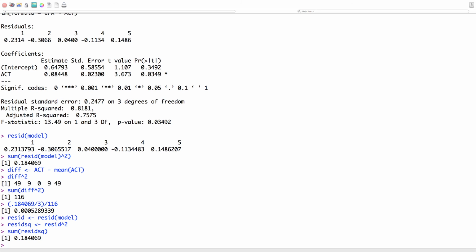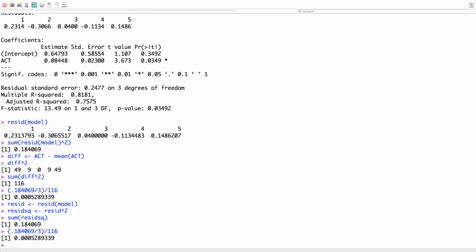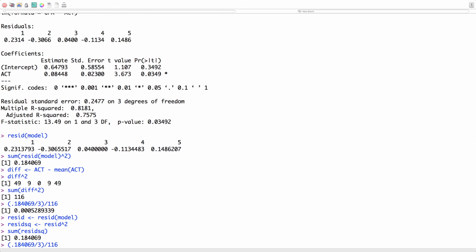And let's check the other. 0.184069 divided by 3, divided by 116. That's what's going on here.